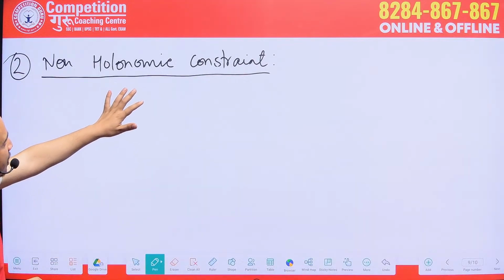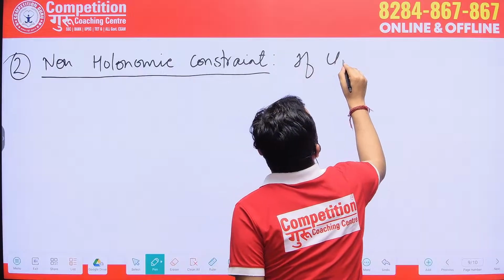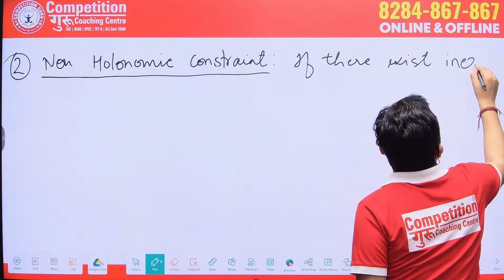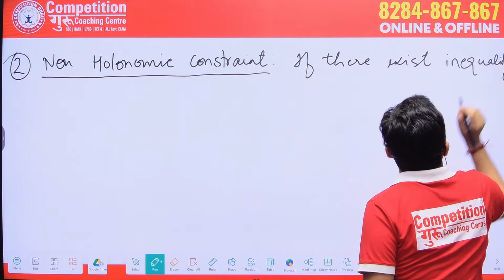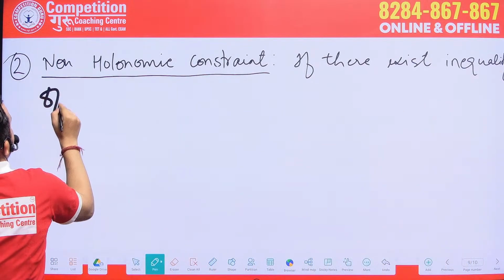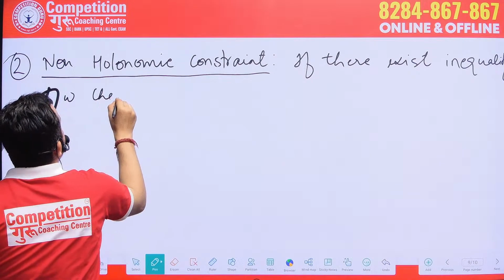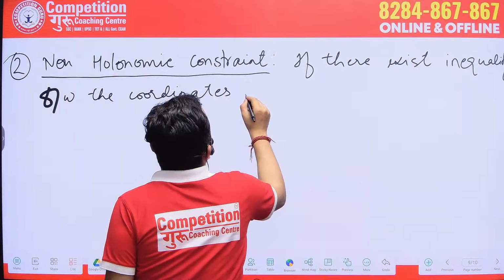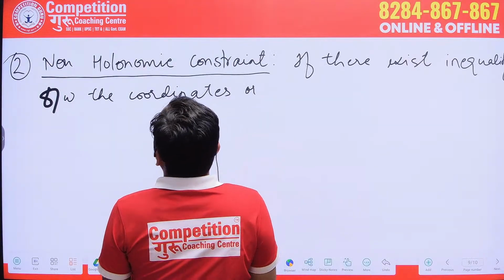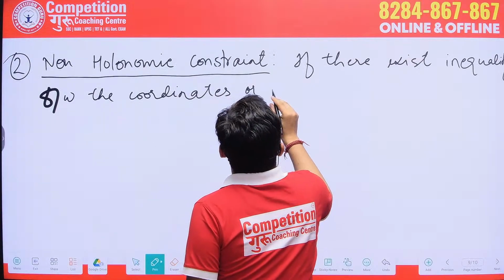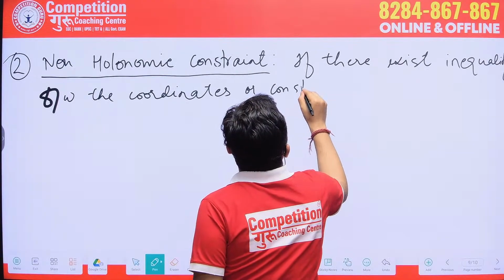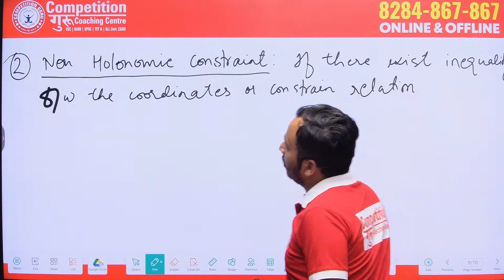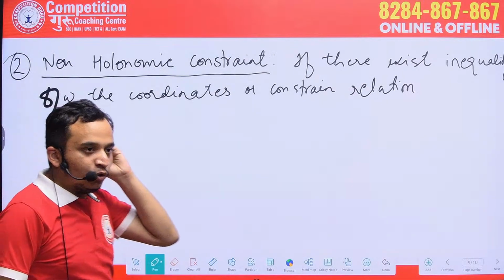In a non-holonomic constraint, if there exists an inequality between the coordinates, or if there exists an inequality in the constraint relation, then that constraint is called a non-holonomic constraint.